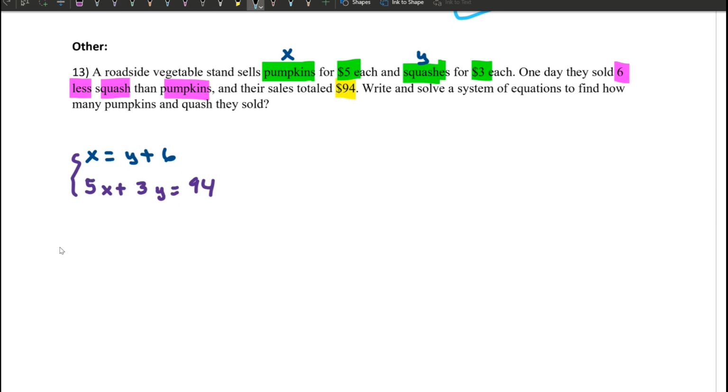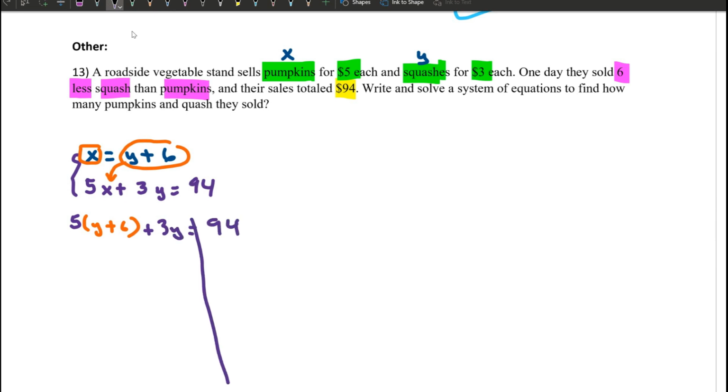Which method can we use here? Substitution or elimination? The answer is substitution, because we have x alone by itself, x equals y plus 6, so we plug this in place of x. 5, instead of x you put y plus 6, plus 3y equal to 94. Then we solve it like usual.